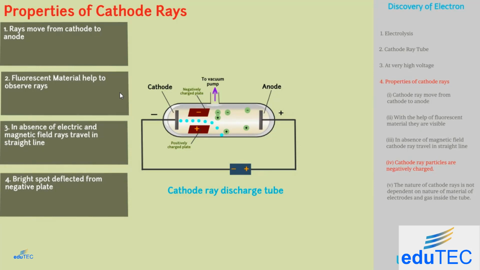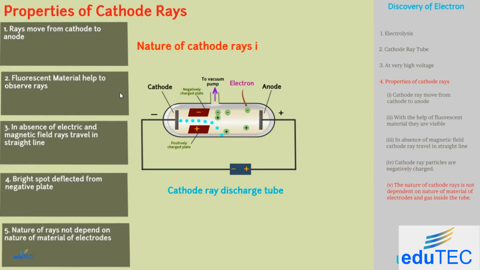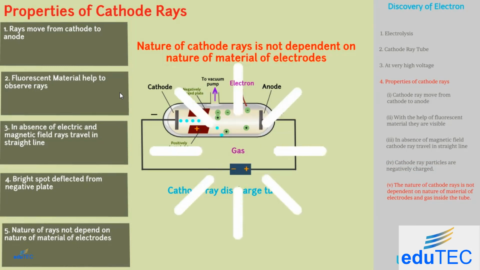So, the negatively charged particles are called electrons. The nature of cathode rays is not dependent on nature of material of electrodes and gas inside the tube.